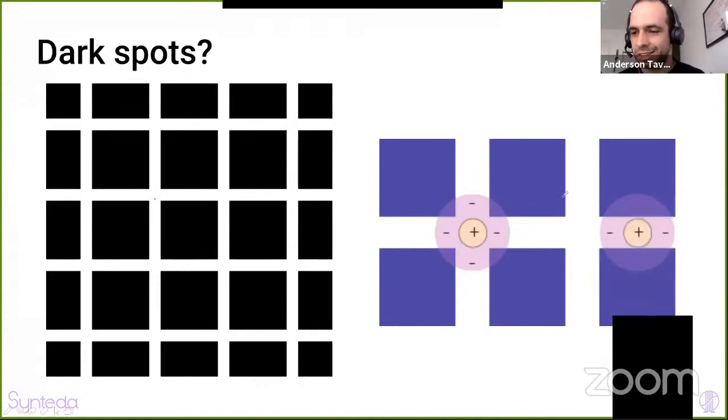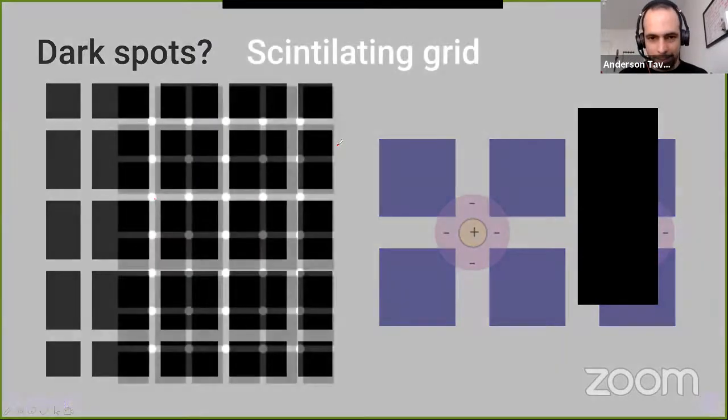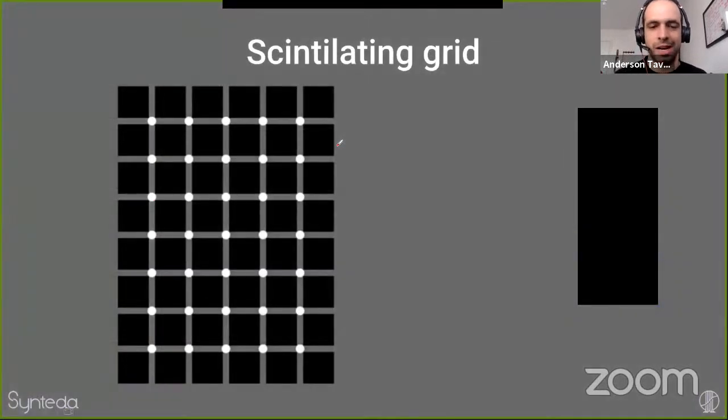Then if we have a receptive field along the line, we have less inhibitory bright areas in the inhibitory region of the receptive field. And this also might explain this experiment where, when looking at a white spot, the other spots kind of blink, like a scintillating grid.